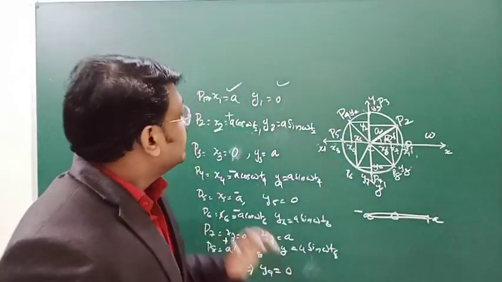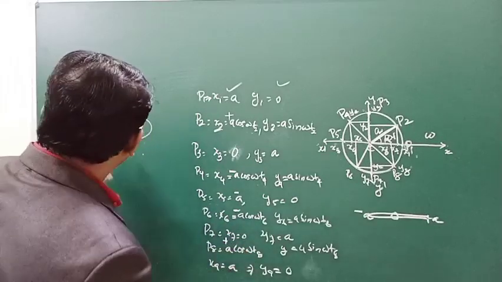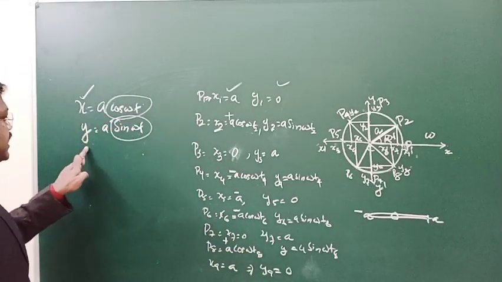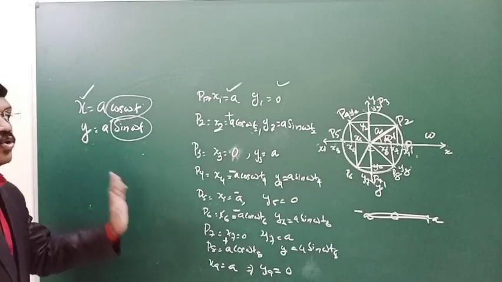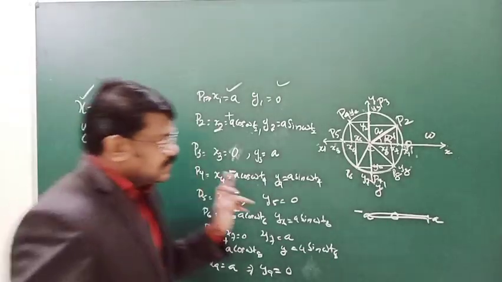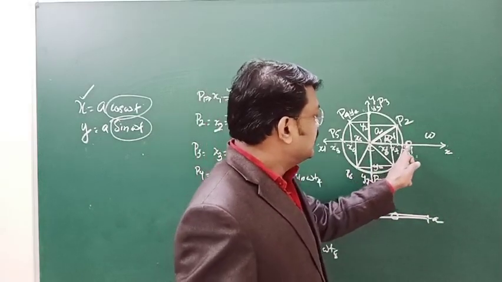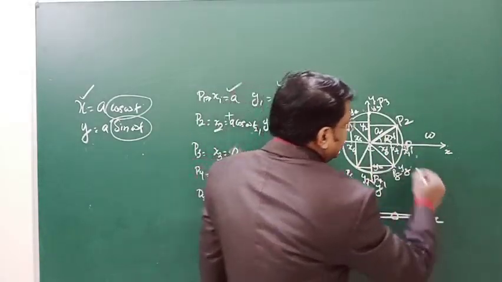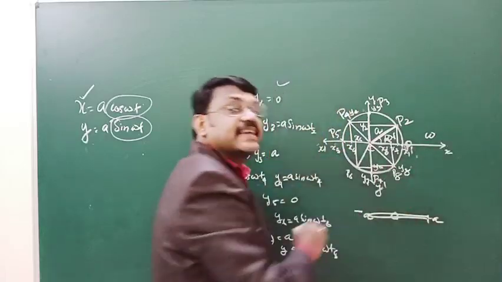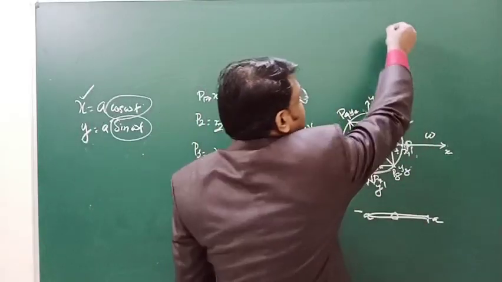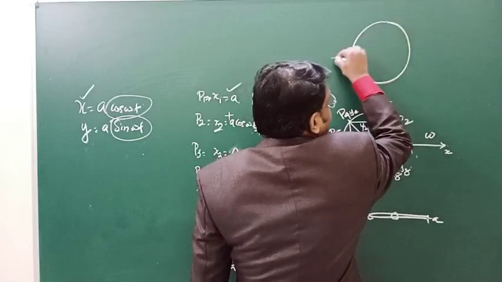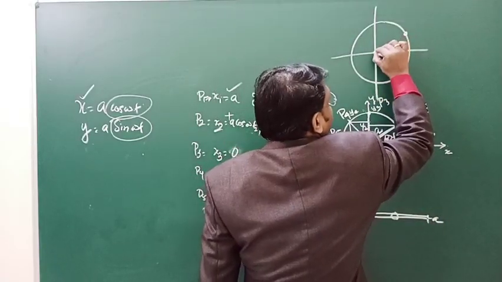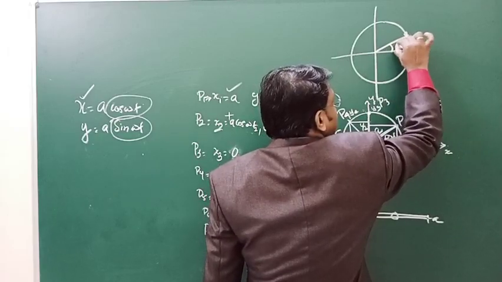So in simple harmonic motion, the displacement along the x direction can be expressed as a cos omega t and y is equal to a sin omega t. That means initially the particle is starting from the x direction. Suppose initially it is not along the x direction; in a circular path with x and y directions, initially the particle is here, making an angle phi.